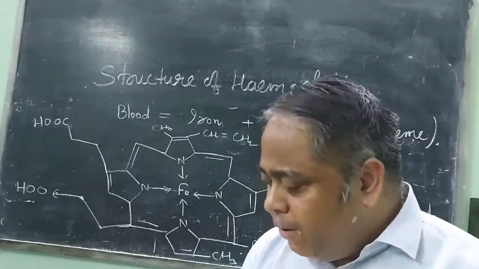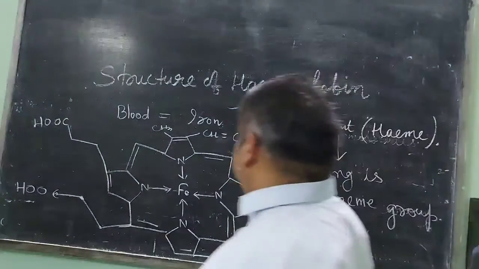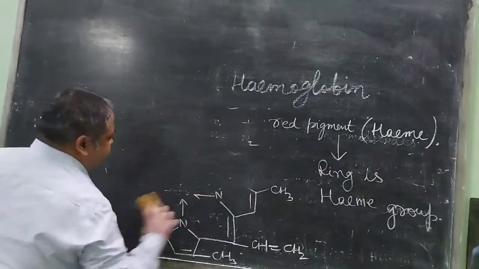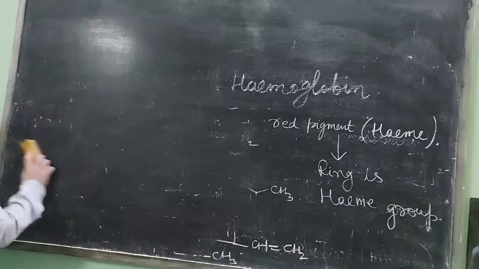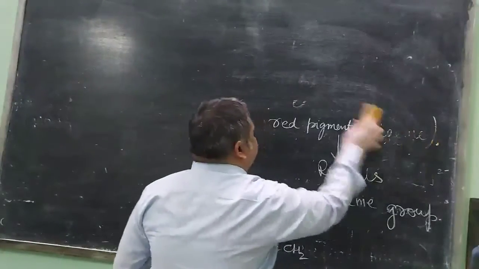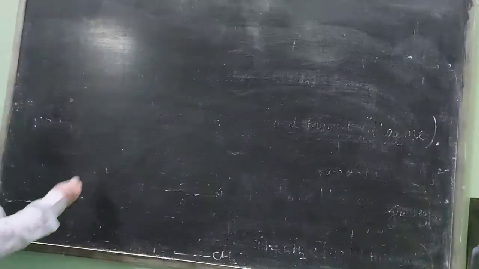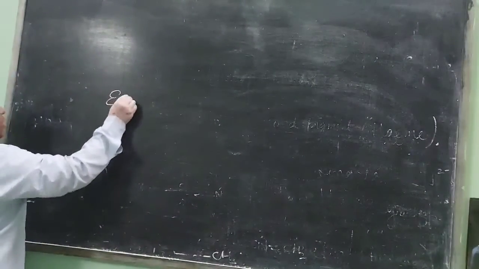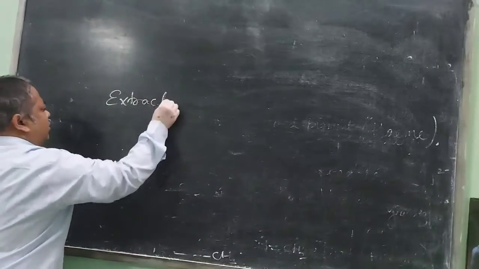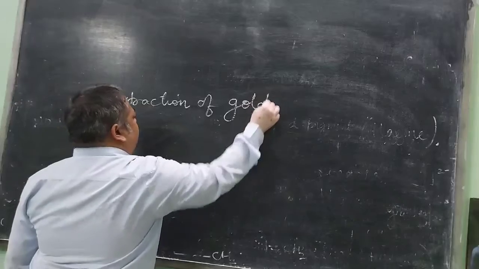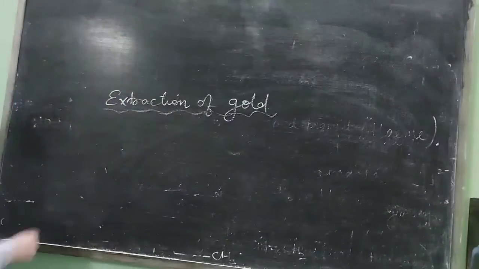All right. Now next is extraction of metals. In extraction of metals also we apply the concept of complex compounds. Like in the case of extraction of gold, gold is a noble metal.